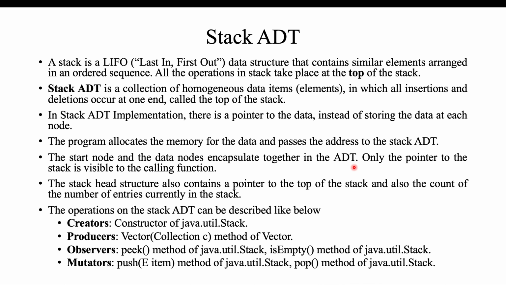Only the pointer to the stack is visible to the calling function. That means from the application point of view, what we can see is only the pointer to the stack. Otherwise, all the data nodes are encapsulated, that means hidden from the application program. The stack head structure also contains a pointer to the top of the stack and also the count of the number of entries currently in the stack. So this is what the stack head structure does.